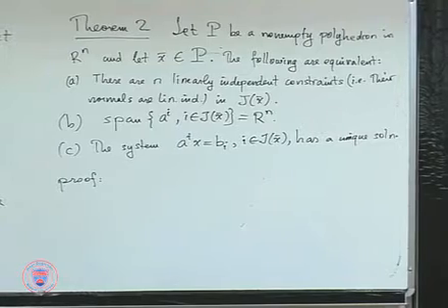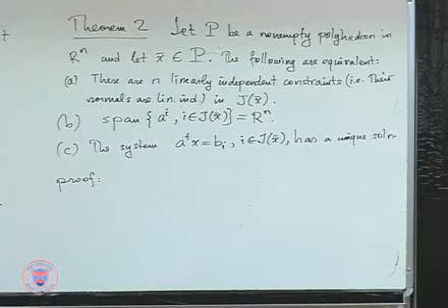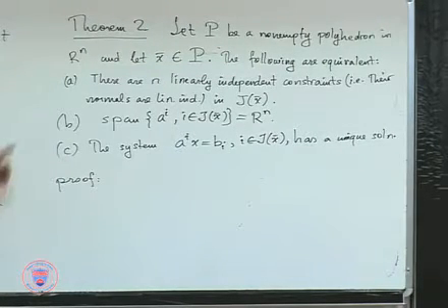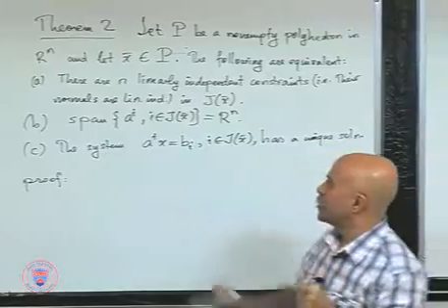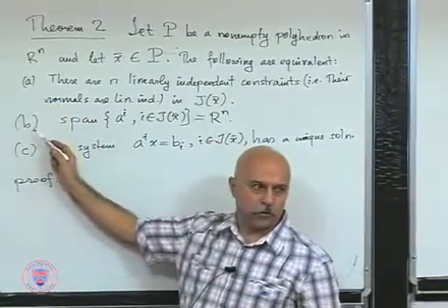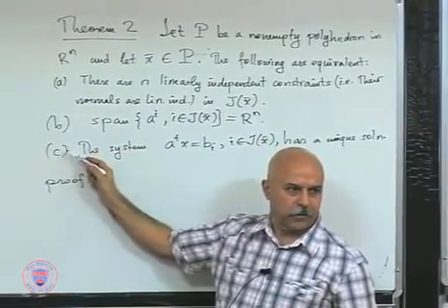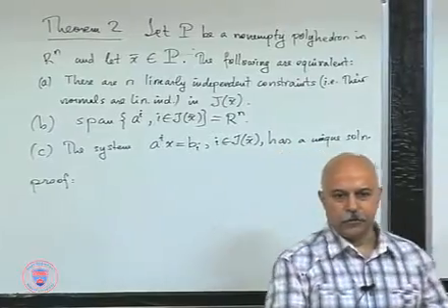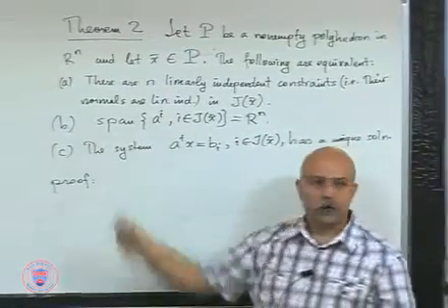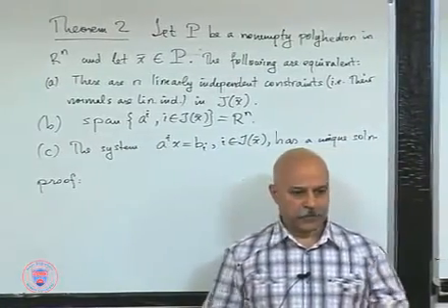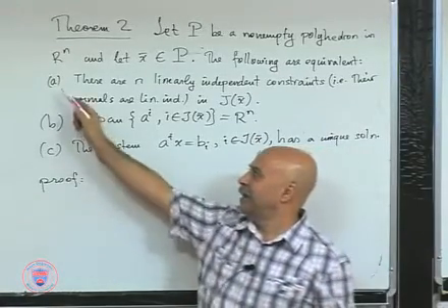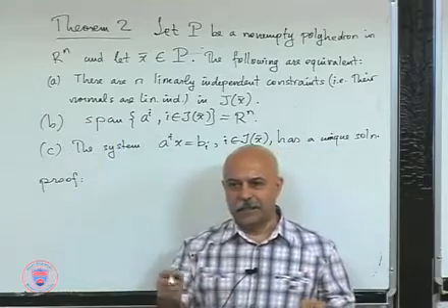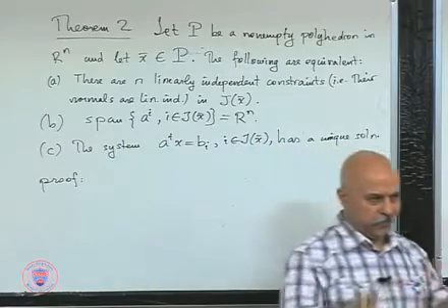Now, first of all, the equivalence between these statements means that they are if and only if type statements. So A holds if and only if B holds, if and only if C holds. That's the kind of thing we want to prove. To be able to prove that they're all equivalent, you need to prove a sufficient number of relationships, which implies that any of A, B, C implies any of the other ones.